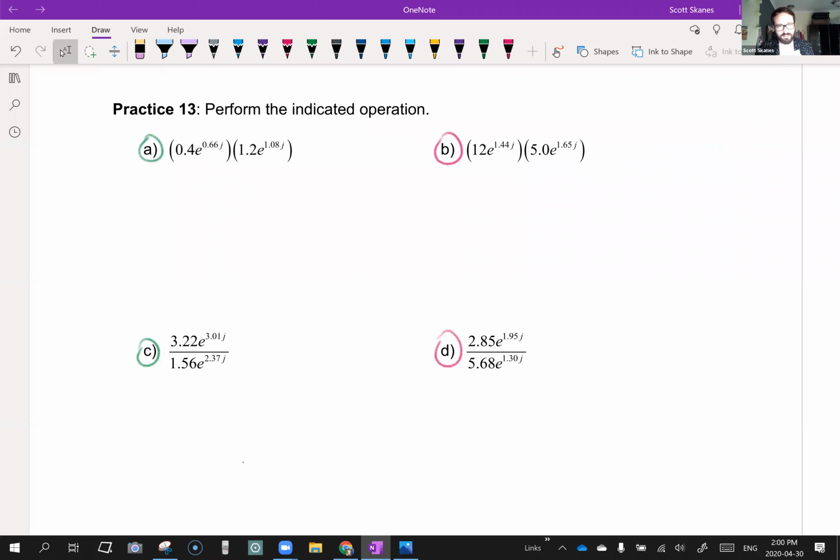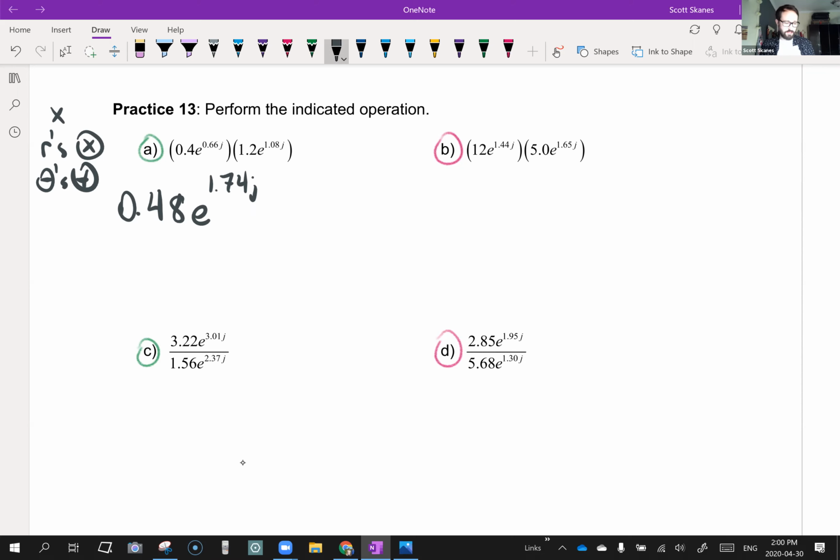These are super fast, so I love this rule. All you need to do is multiply the r's. So we have 0.4 times 1.2. That's 0.48. Done. This is multiply, so the r's still multiply, the thetas add. So you have 0.66, you have 1.08, you just add them together and keep the form that you had. So this should be our answer.